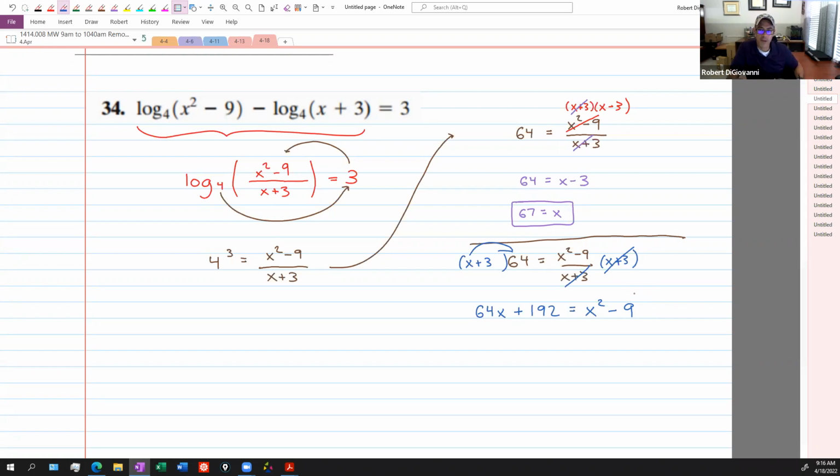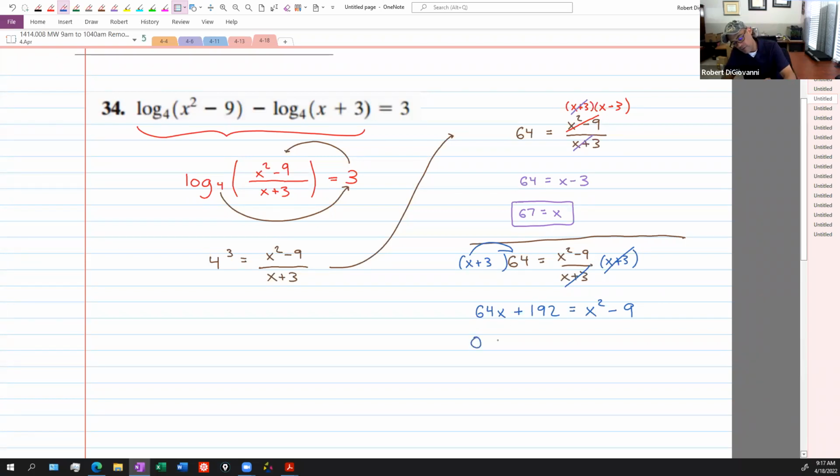Right. So what's different about this and the way we did it up there is we have a much more complicated equation now, right? This is quadratic, which means you're going to have to move everything over to one side. So let me see. 201. So let me move everything to the right.